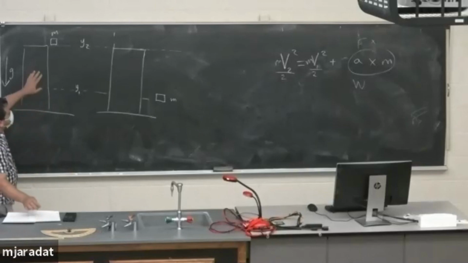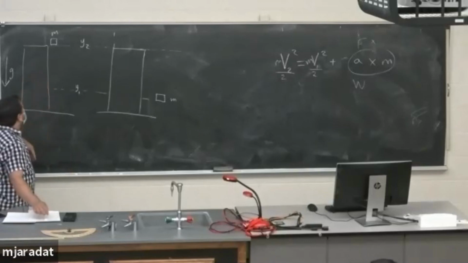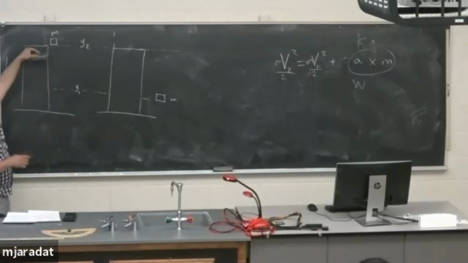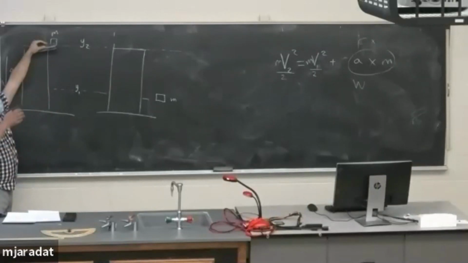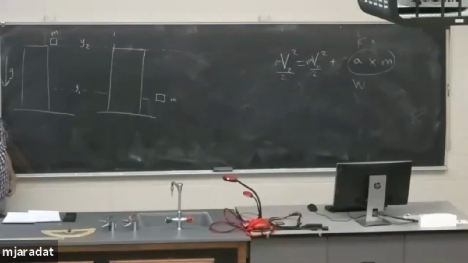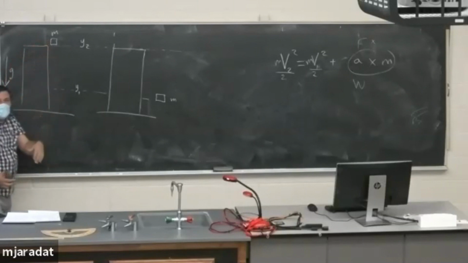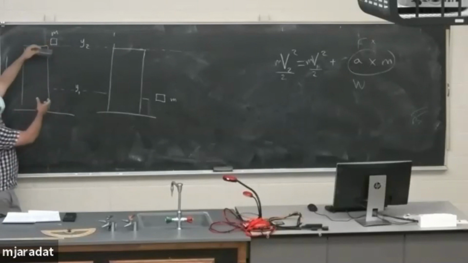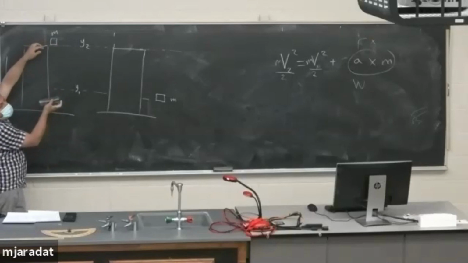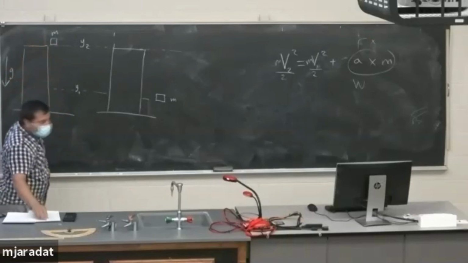In the first experiment, if we let our mass free fall like this, what is the reason that the mass goes downward? As we know, it is the gravity. So the motion of the mass is due to gravity.